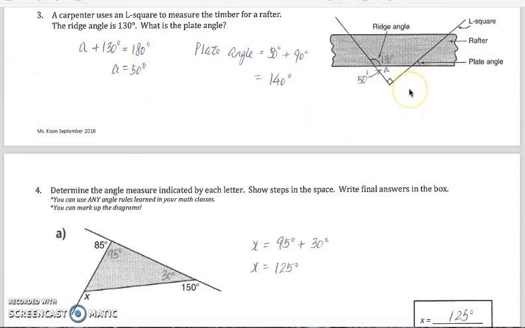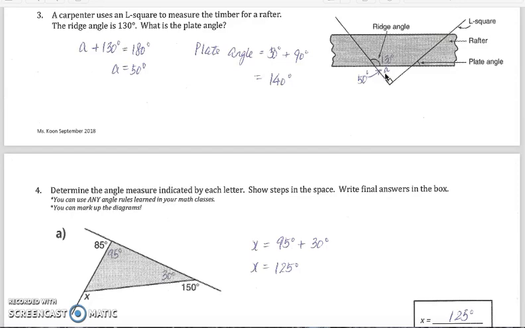In the diagram given to you, let's label what we know. Here is the ridge angle, so we can mark its size, 130 degrees, on the diagram. Now we know that this little angle inside, and we call it A, forms a straight line with the ridge angle of 130 degrees. So take away 130 from 180. The size of angle A is 50 degrees.